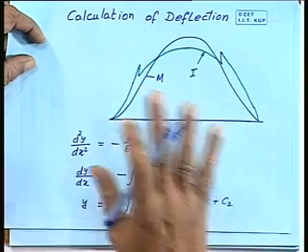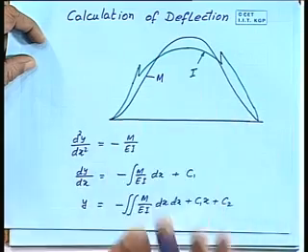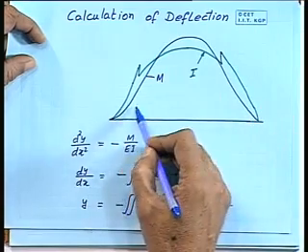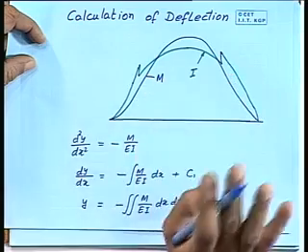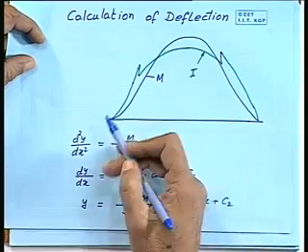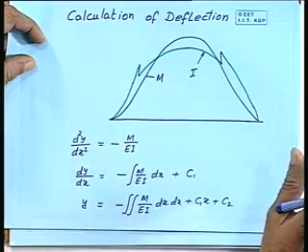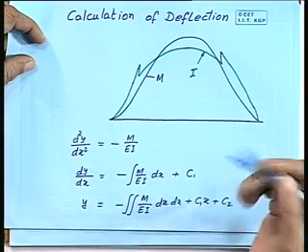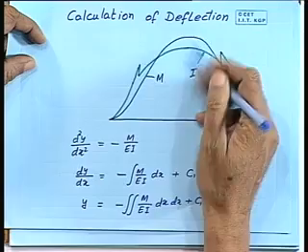Now, for ships, basically for naval architectural purposes, neither M can be expressed by a mathematical expression nor can I be expressed as a mathematical expression over the entire range. So, what we have to do is consider various sections at convenient points and then evaluate what M is and what I is, take the ratio, and construct a curve exactly like this.